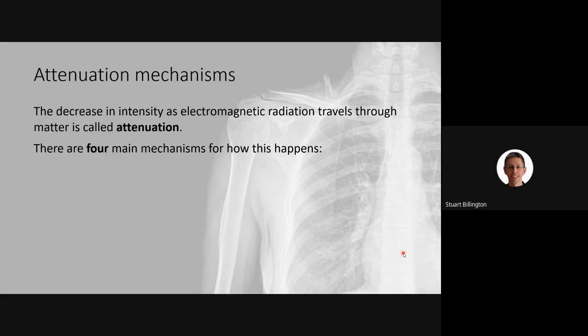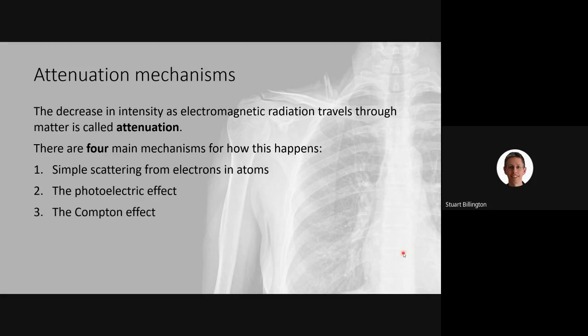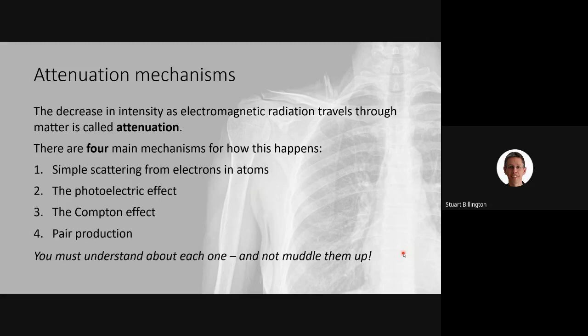So the four mechanisms are scattering, your friend the photoelectric effect, which you know all about, something new called the Compton Effect, and pair production, which is what we just talked about with E equals mc squared in the particle physics topic. So we're now going to take each one of those four in turn, and we're just going to make sure you understand the basic principle of each one.